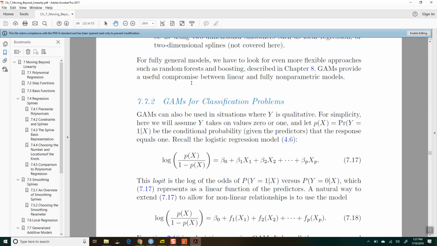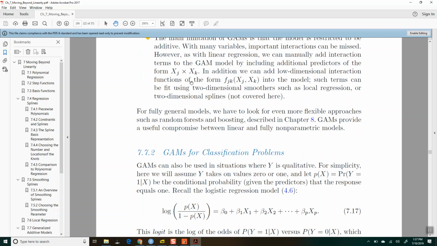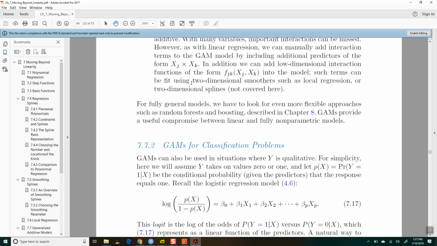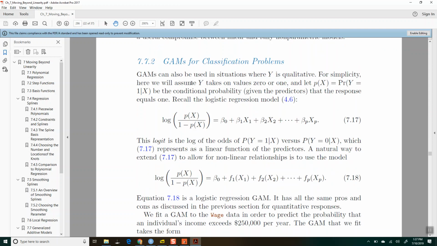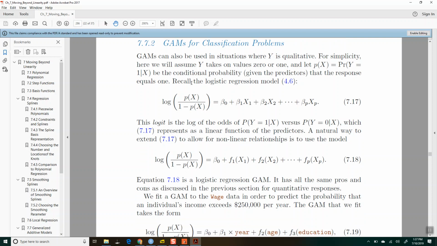And so the GAM is best suited for regression type of problems because of this additive nature. But again, if you wanted to, you can take the additive part and plug it into a logistic function and make it a classification thing. So you can go from classified as 0 to classified as 1 by putting it into the logistic function.